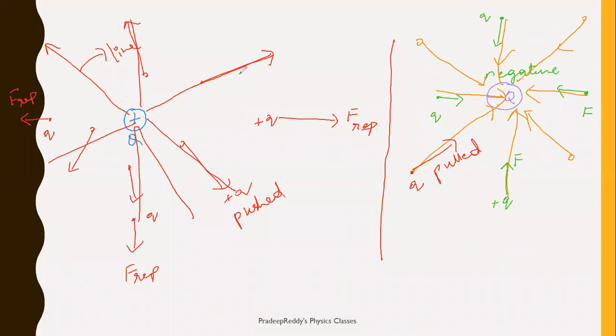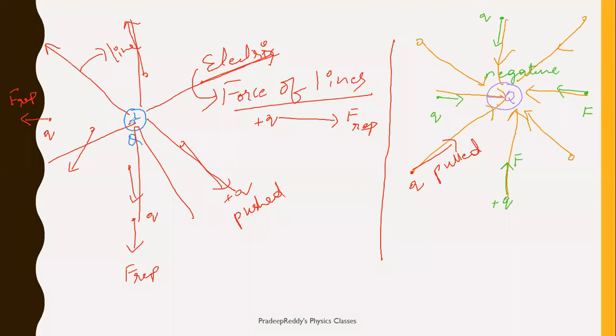Now, using this concept, I can introduce electric lines of force. There is an electric force acting between two charges, and that electric force is represented with these particular lines given by positive as well as negative charge.